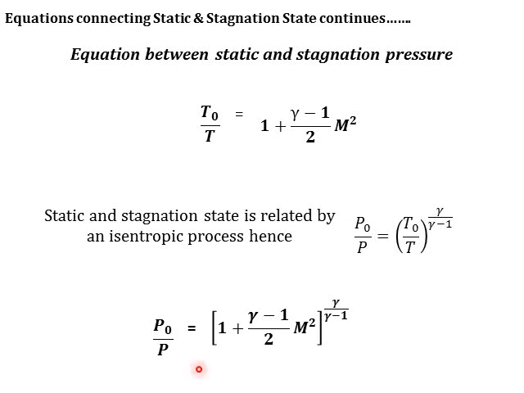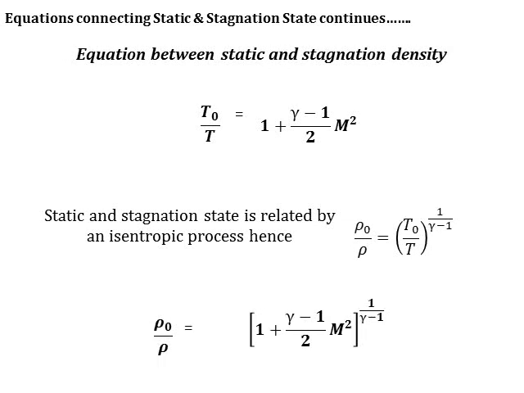So using the following PVT relationship for an isentropic process, we can obtain the non-dimensional form for the pressure of the fluid. It is P0 by P is equal to 1 plus gamma minus 1 divided by 2 M square, the whole raised to gamma by gamma minus 1.